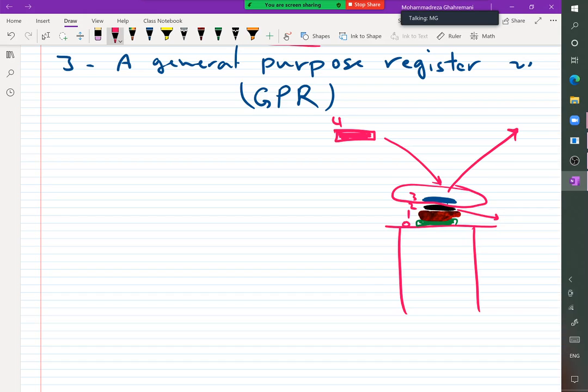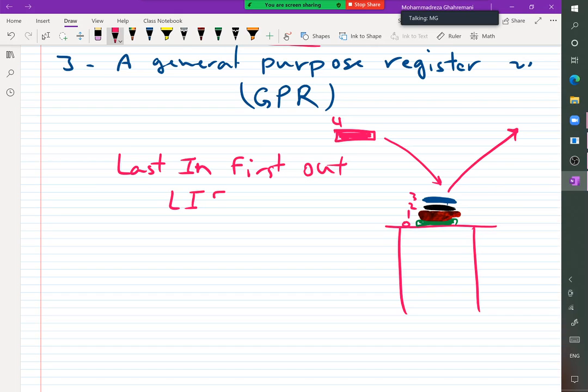So our access in stack memory is only to the top element, and this algorithm is called last in, first out, or LIFO.